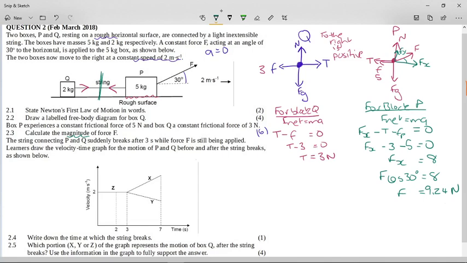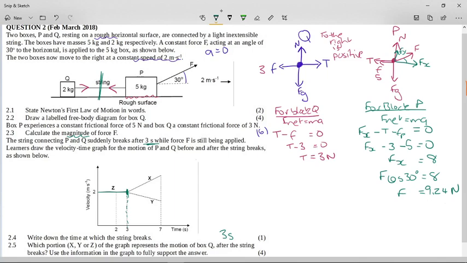Learners draw the velocity time graph for the motion of P and Q before and after the string breaks as shown below. Write down the time at which the string breaks, like hello, it says after 3 seconds, and if you look on the graph here, everything was moving at a constant velocity until 3 seconds. So the string broke at 3 seconds.